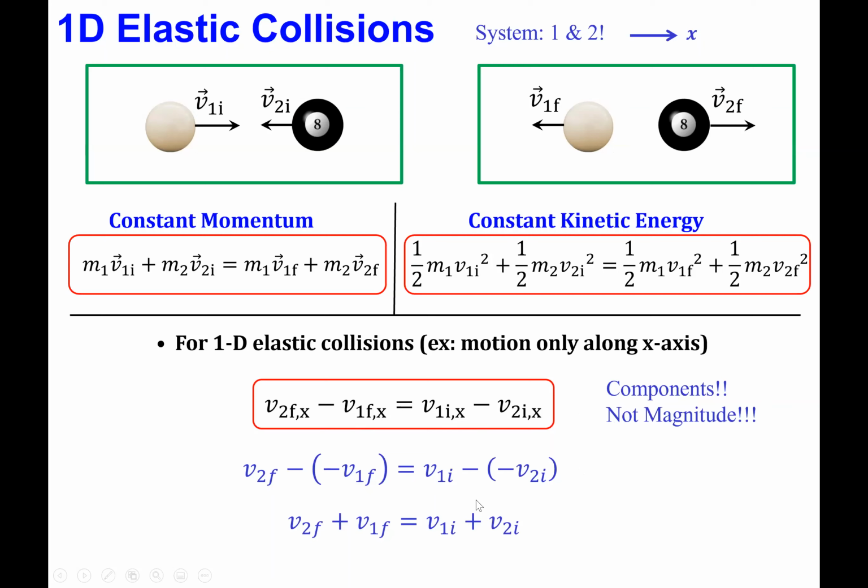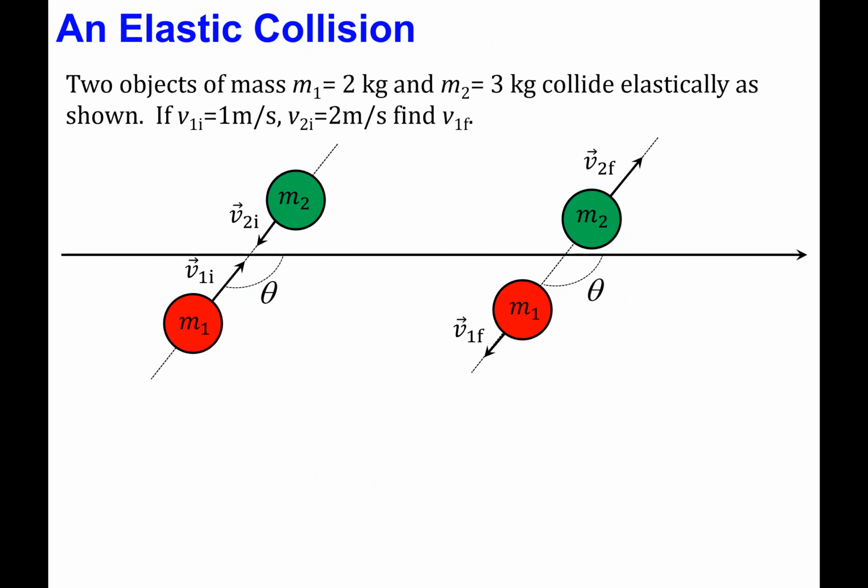So the sum of the magnitudes in the final case equals the sum of the magnitudes in the initial case. So far, what we've done is develop three equations for this problem. And now let's move on to a specific problem that involves those equations.